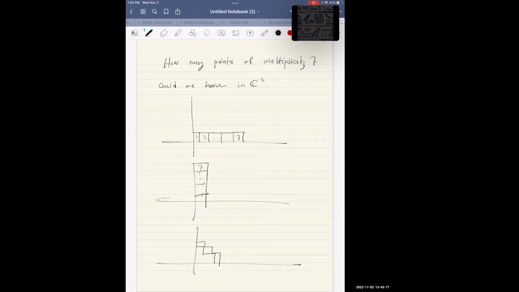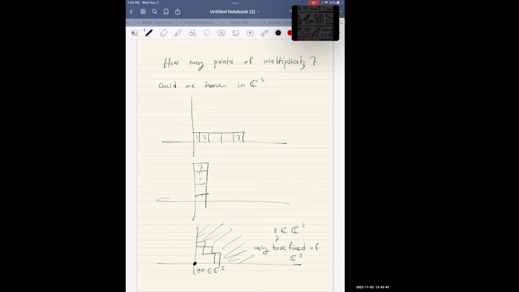Now, one thing is that this is a torus fixed point, actually, because if you look at it, it's all supported on the origin, which is inside C squared. And the origin of C squared is the only torus fixed point of C squared.